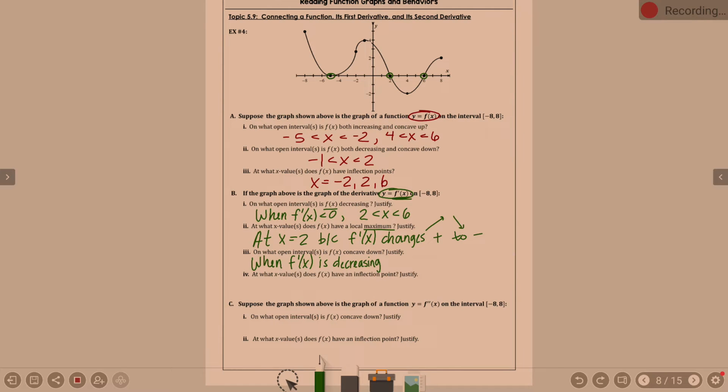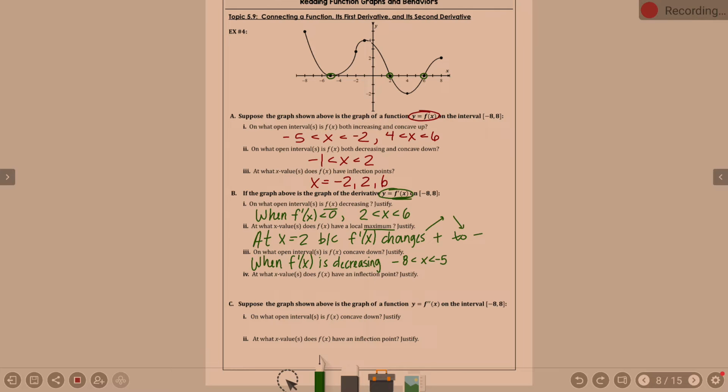Concavity is the derivative of the derivative. So when do we have this happening? -8 to -5.